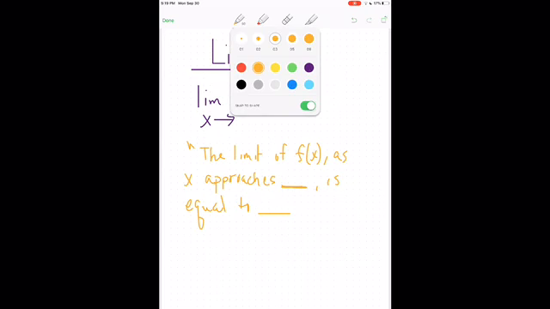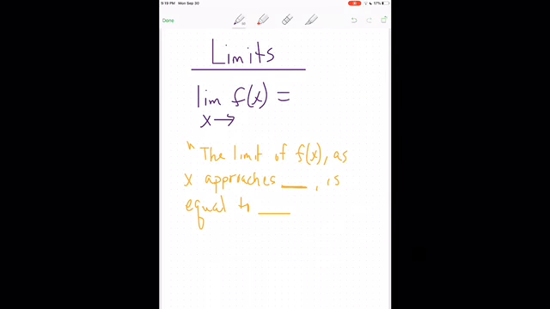Okay, and I was missing this equal sign here. So it's the limit of f of x as x approaches some value is equal to some value. So we could say, limit of f of x as x approaches 4 is equal to 5.